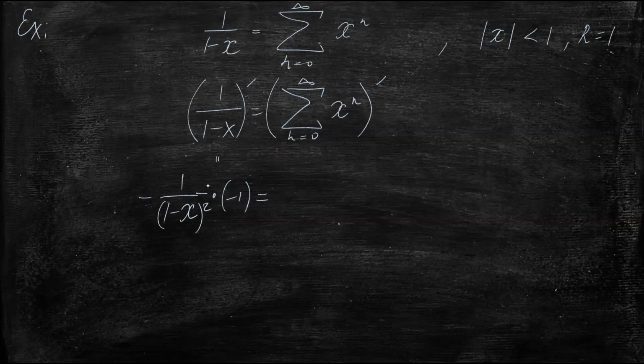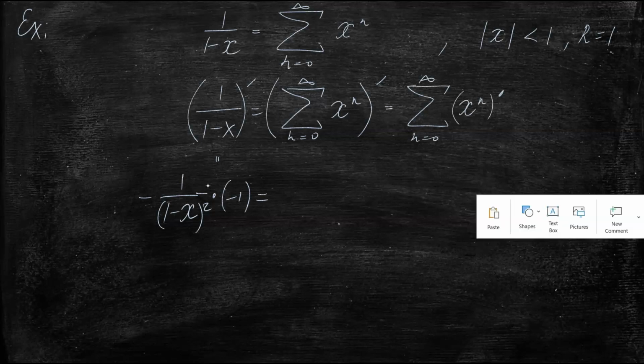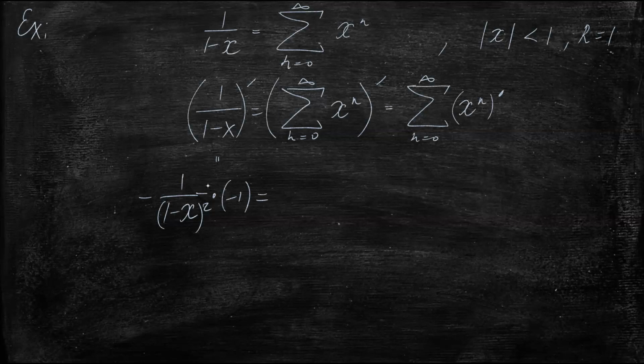On the right side, we're going to have the following power series. And this is what we call the term-by-term differentiation. So to differentiate the whole series, we're just going to differentiate each individual term. And what's the derivative of x to the n? It's just n times x to the power n minus 1.